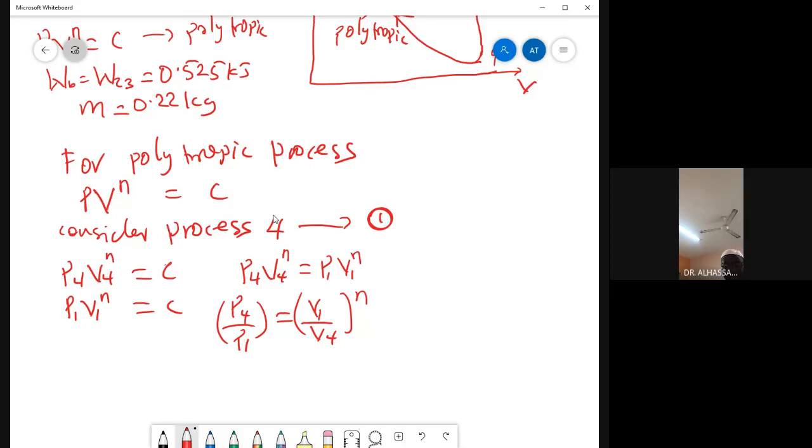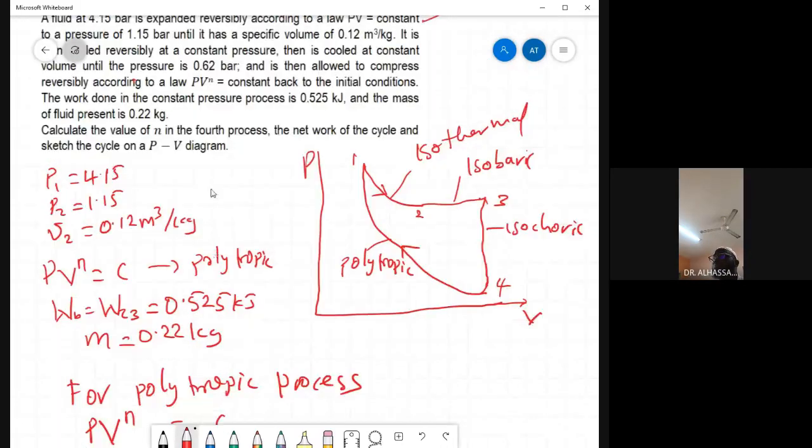Let us consider state 1 to 2, process 1 to 2. We know V2, but V1 we don't know. But we know this is bounded by a polytropic situation, for an isothermal process.